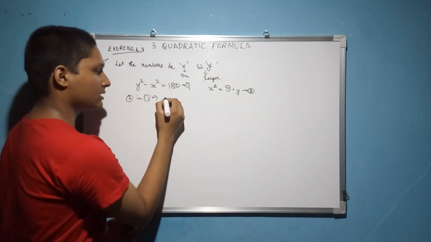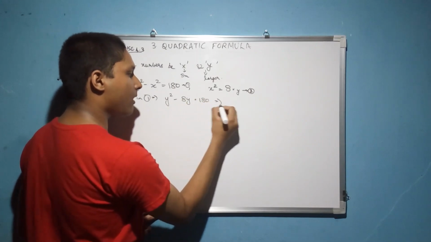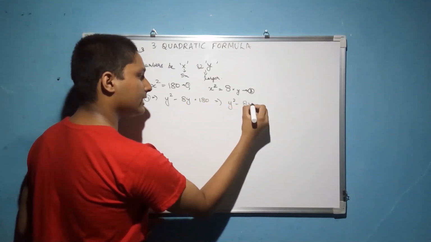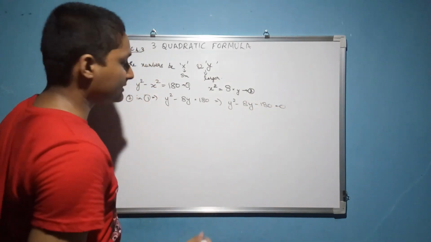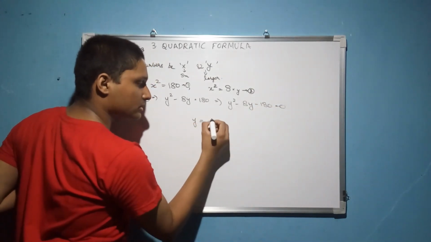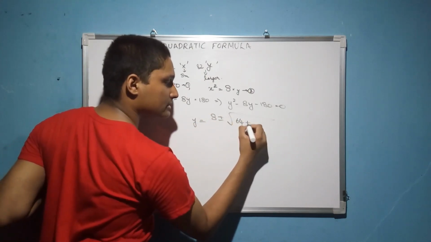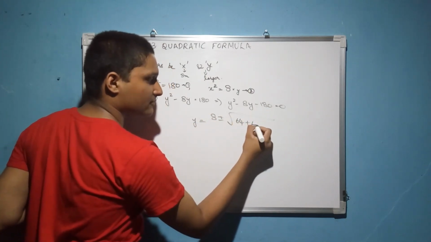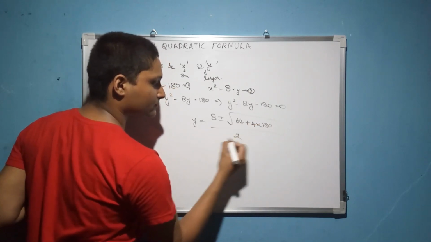We are going to get y square minus 8y is equal to 180, or y square minus 8y minus 180 is equal to 0. I'll take the quadratic formula, that is better. y is equal to 8 plus or minus root of 64 minus of minus is plus, so 4 into 180, divided by 2.